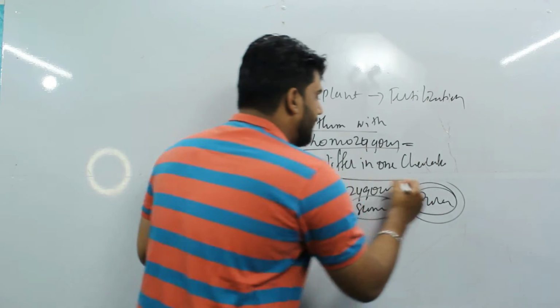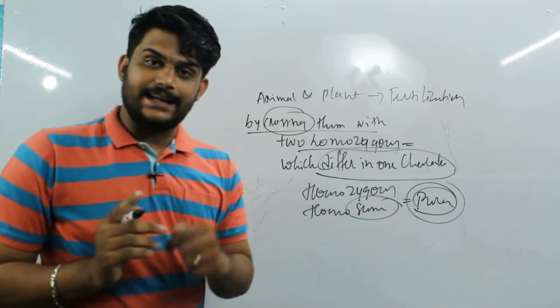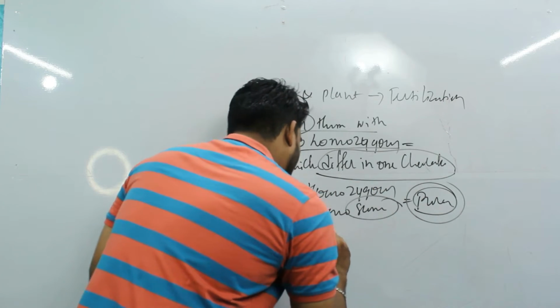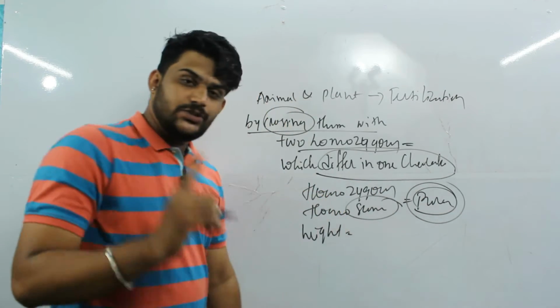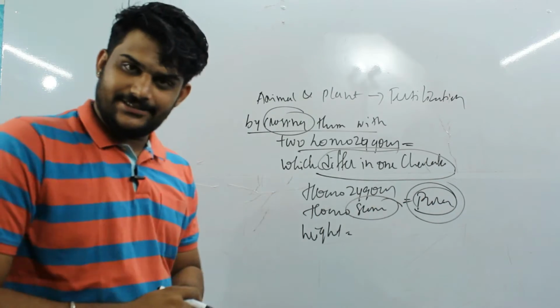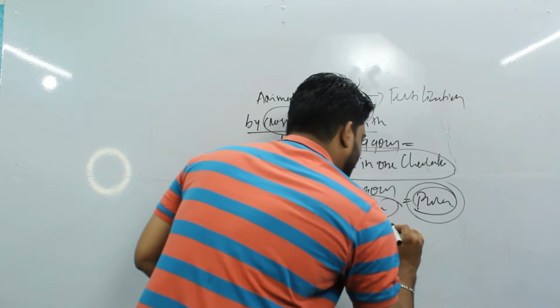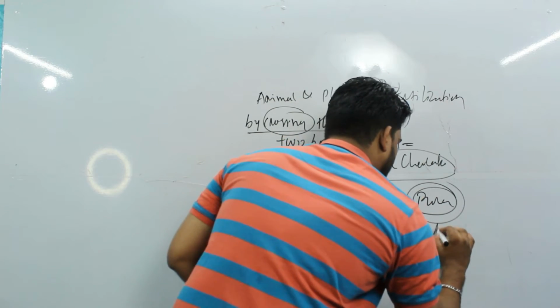What is meant by differing in one character? For example, if you take height as one character, there will be two variants: one is tall and another one is dwarf.